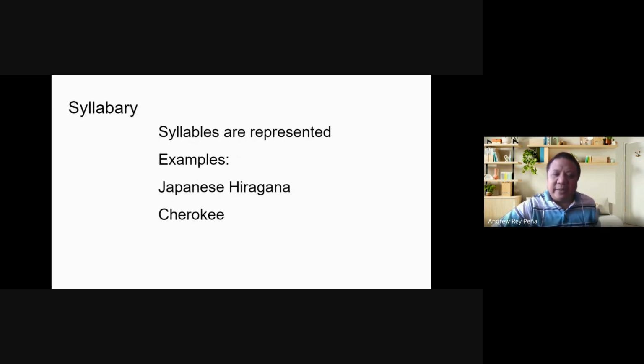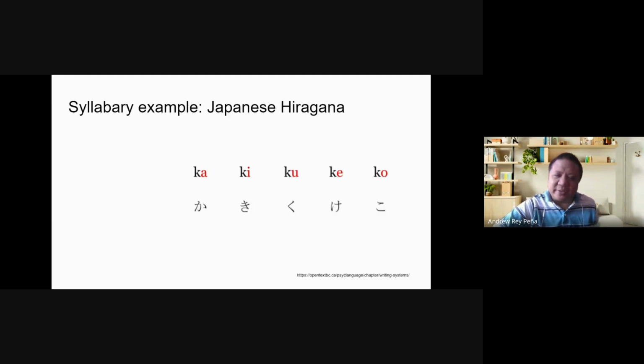In a syllabary writing system, it's the syllables that are represented. Examples include Japanese hiragana and the Native American language Cherokee. Again, for syllabary, syllables are the ones that are represented.